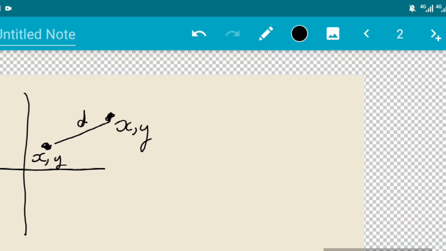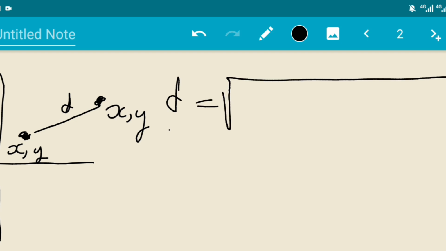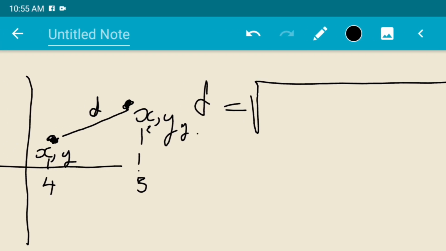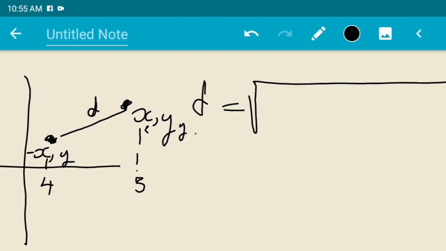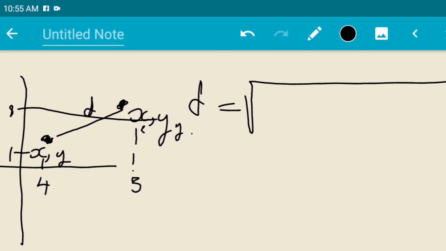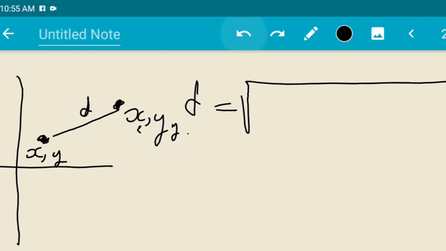To find the distance between these two, again we just write down the distance equation, which is d equals, we open the square root, and then we say, let's call this 2 and 1, since it is greater in the x-axis. This here might be 5, then this here might be 4. Then in the y, this here might be 1, and then this here might be 8. Who knows? But all that we know is that the ones here at the top are greater than these.